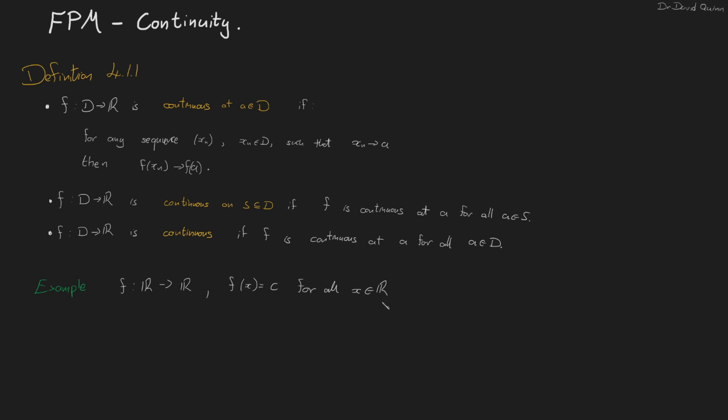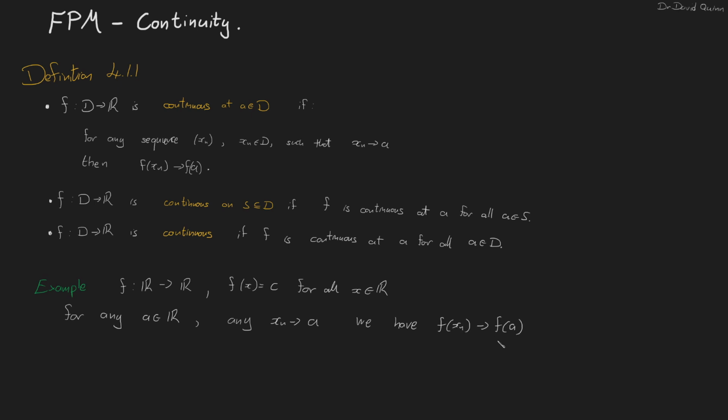For the definition of continuity, assuming I want to show that it's continuous, I want to show that for any a in the reals, the function is continuous at this a. And so that's to say that for any such real number and any sequence converging to a, we have that f of the sequence converges to f of a.